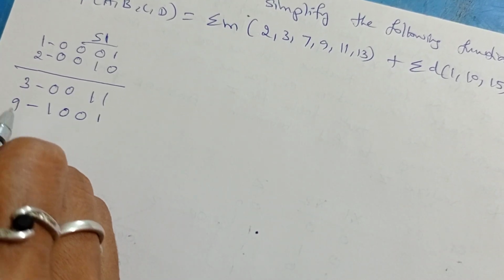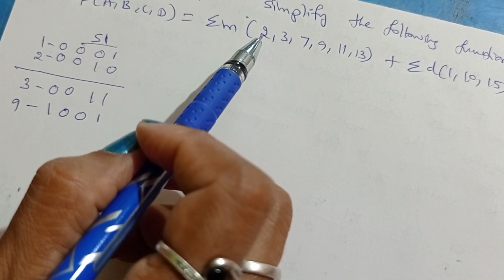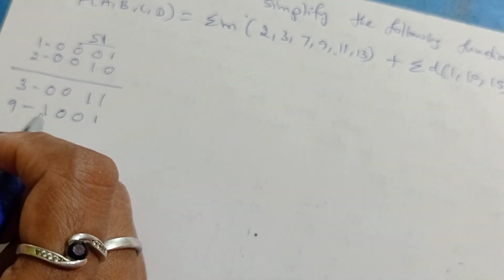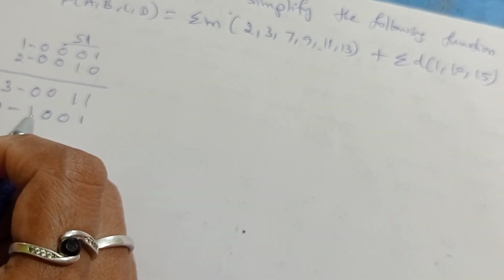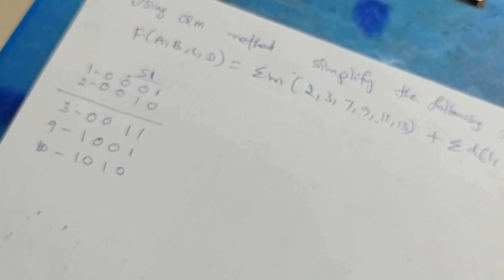So 2 ones. Make it as one group. Next, don't care 10. 10 is having 1, 0, 1, 0, 2 ones. So 10, 1, 0, 1, 0. From this one more group is completed.